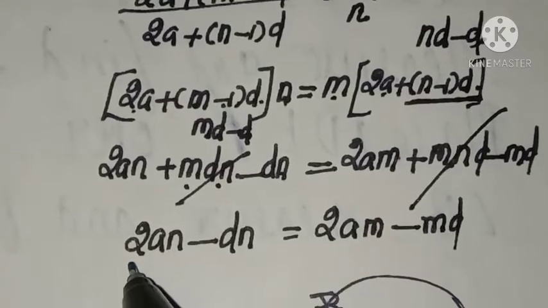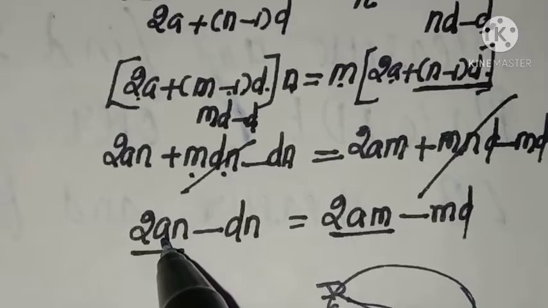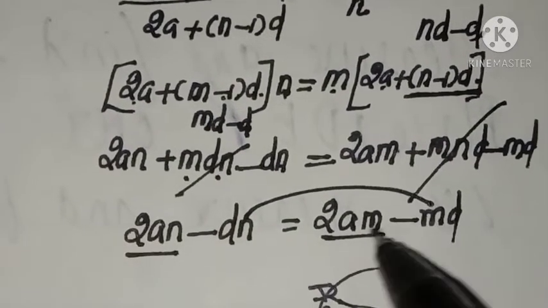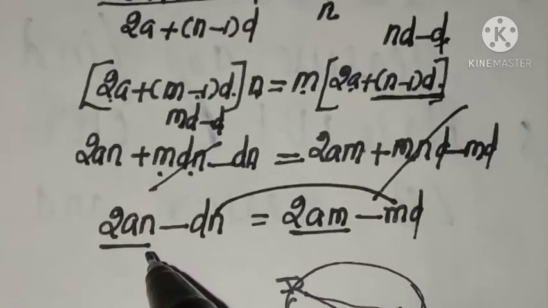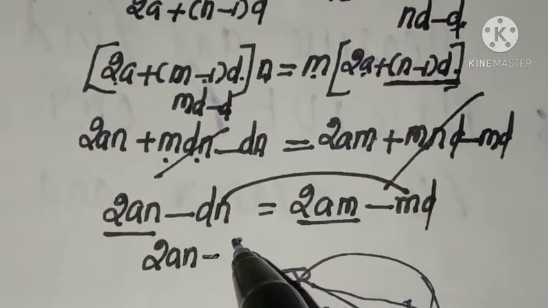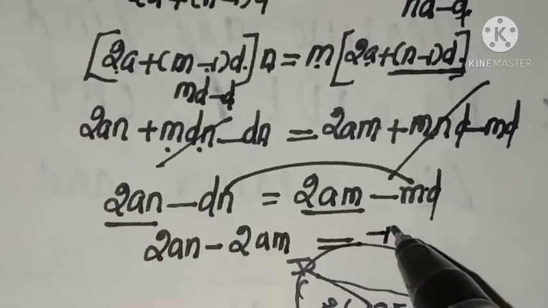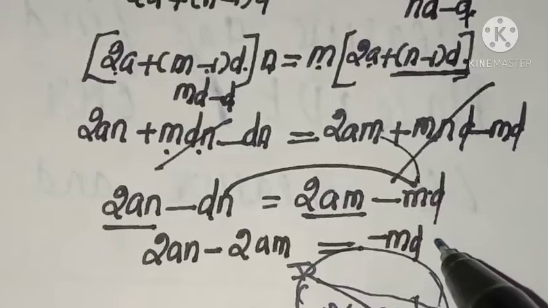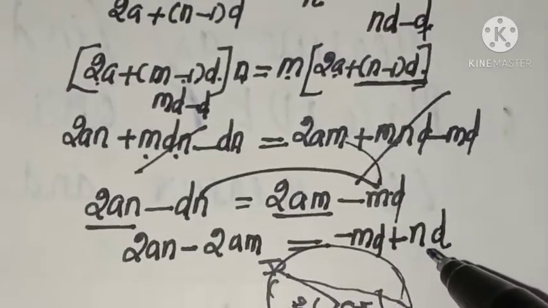Now collect these two terms together because these terms carry the first term, and collect minus dn and minus dm together. So this can be written as, listen, 2an, take this term to here, minus 2am is equal to minus md, take this term to the right side, minus becomes plus, plus dn. dn is same as nd.